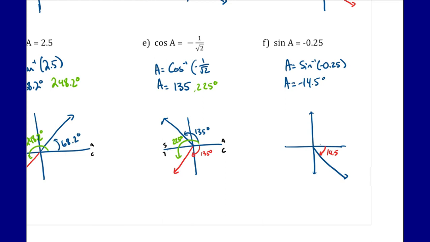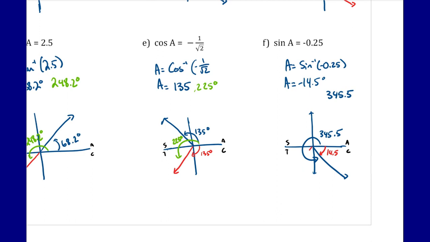So the first angle would be 360 minus 14.5, which is 345.5. Then to find the other option, we have to remember the CAST rule. Because it's a negative sine ratio, the only other option has to be in this bottom left quadrant.